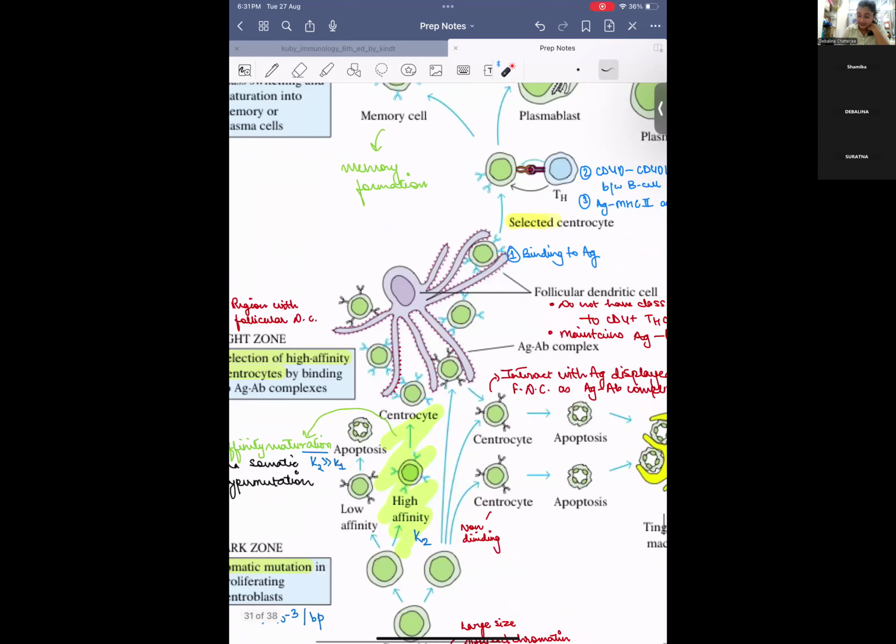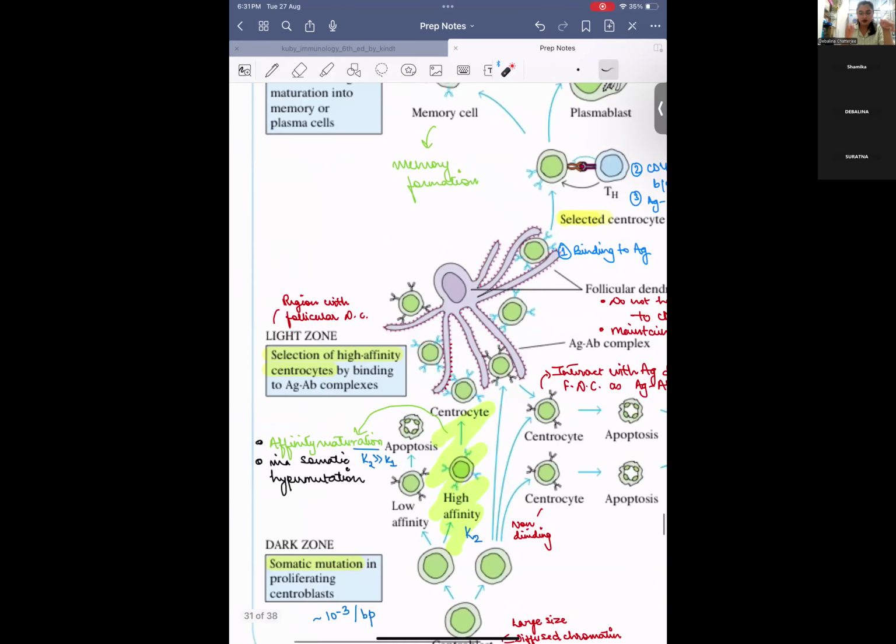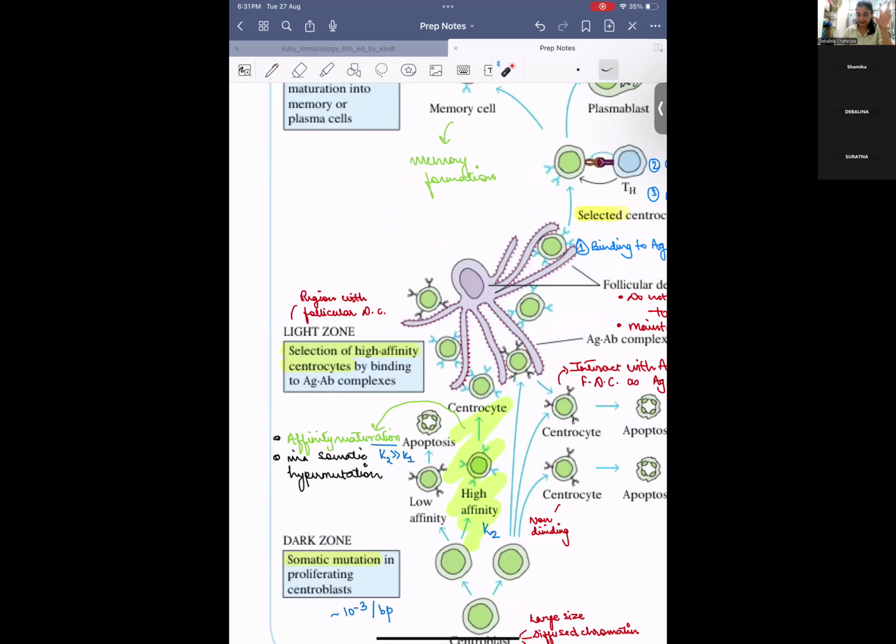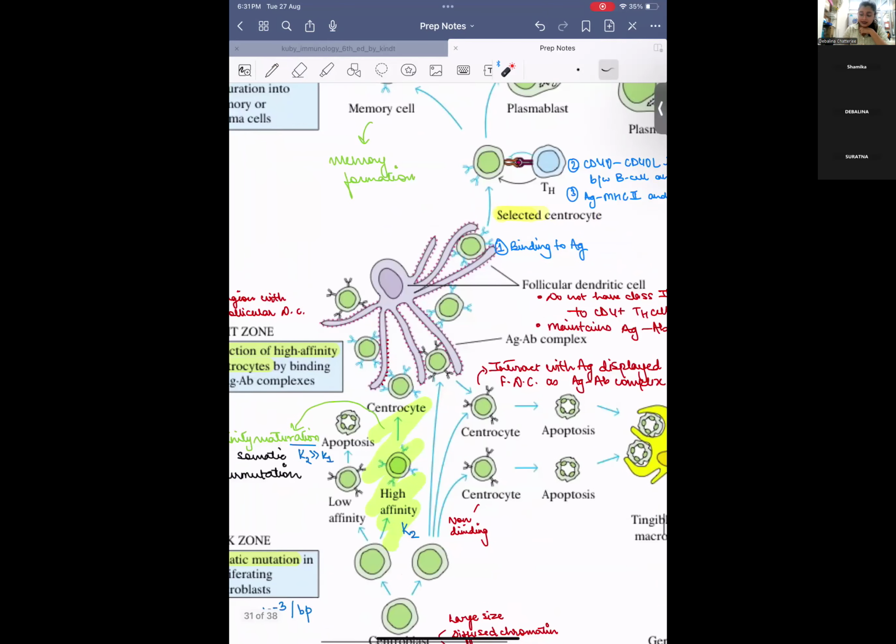How? These antigens that are stationed on the surface of the follicular dendritic cells, the antibody molecule which is present on the surface of these centrocytes binds to these antigen molecules. Let's just say that this is a magnet, and every iron nail that has a stronger affinity for binding to the magnet gets stuck to it, and the aluminum pieces which are of lower affinity are triggered for apoptosis.